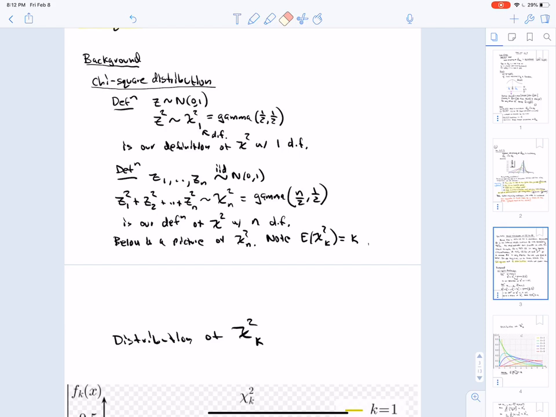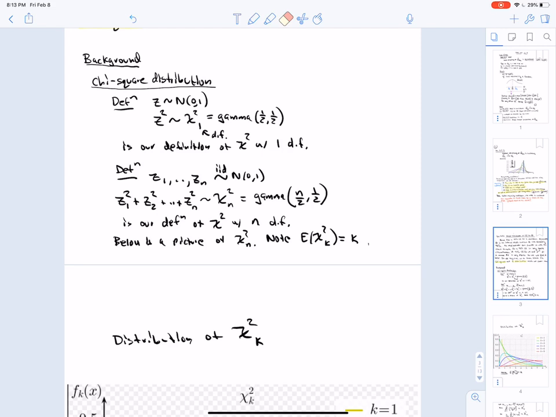Next I'm going to define what chi-squared with n degrees of freedom is. I'm just going to define it as gamma(n/2, 1/2). You know that Z squared is chi-squared with 1 degree of freedom, and for independent gammas, the r parameter adds.